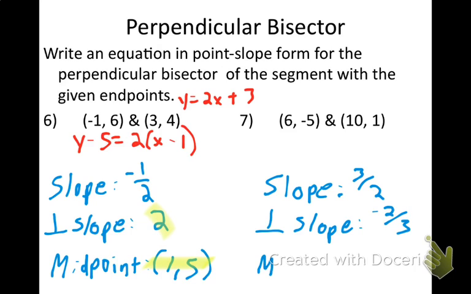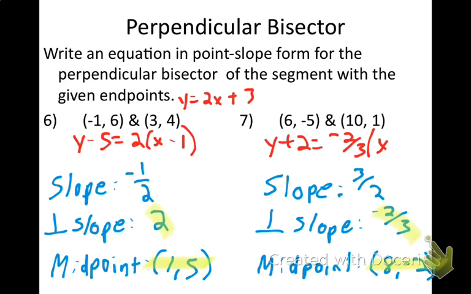My midpoint is what, Austin? Now again, I take my perpendicular slope, take my midpoint, put that into point slope form, which is what, Jack? Nice job, sir. That is correct.